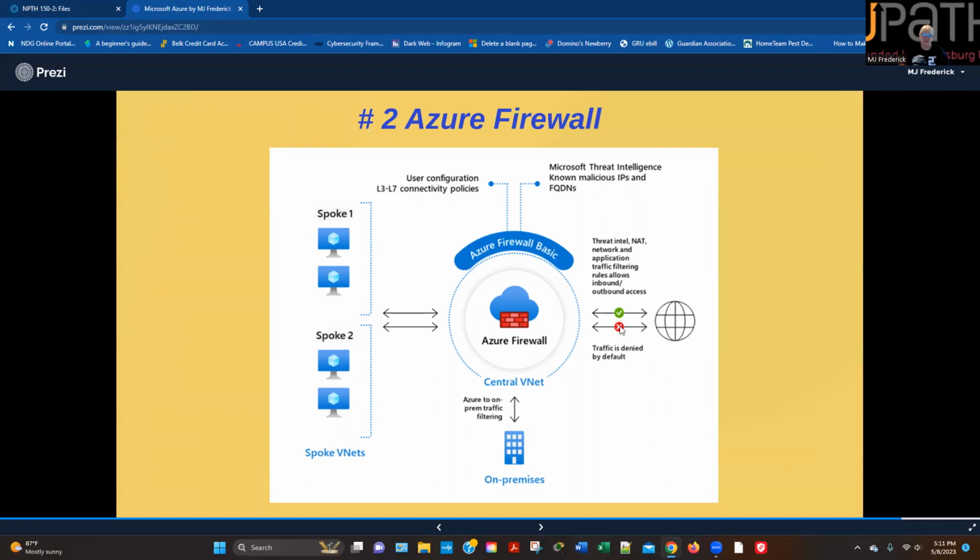And that's the purpose of this: to protect the network from those outside that we do not know. And we don't know what they're doing to protect their networks. So it's our job to protect our own.